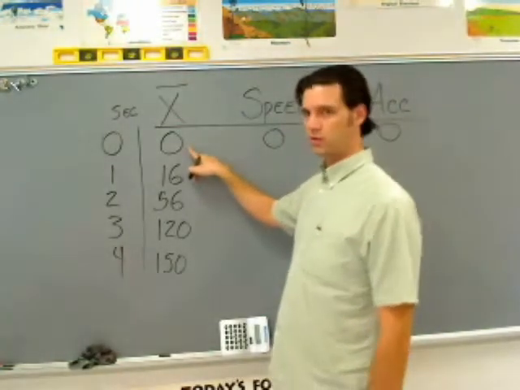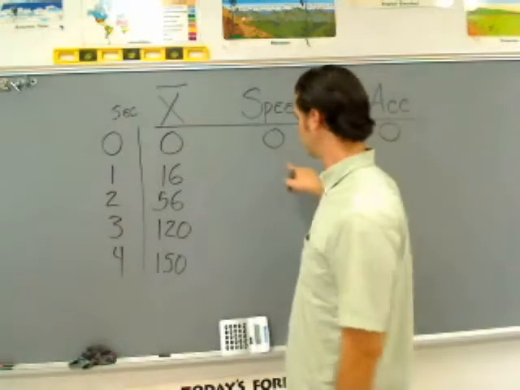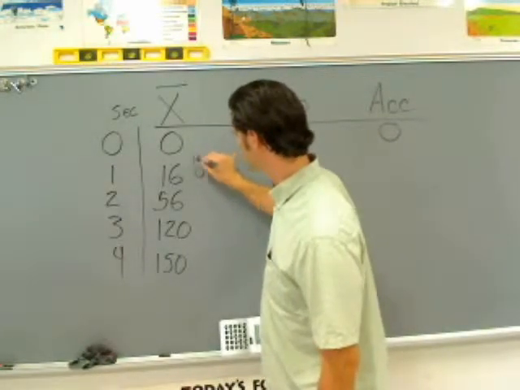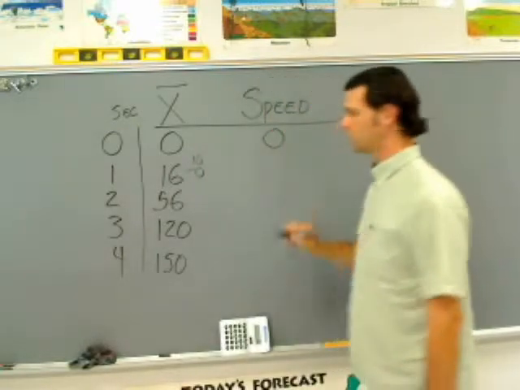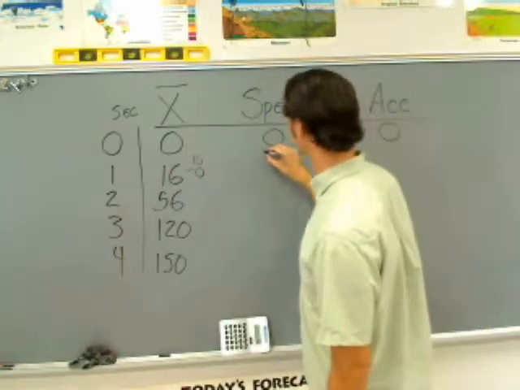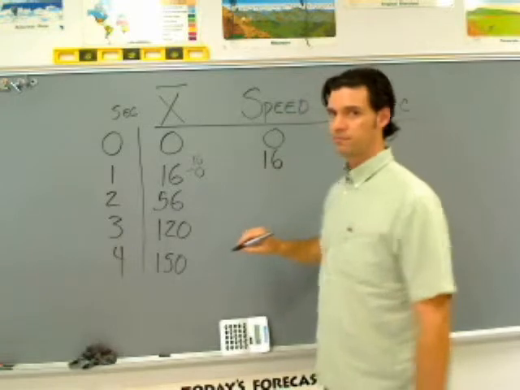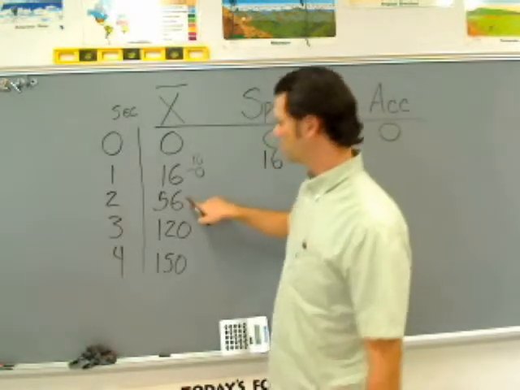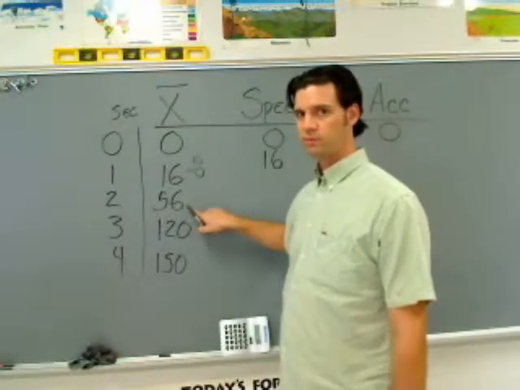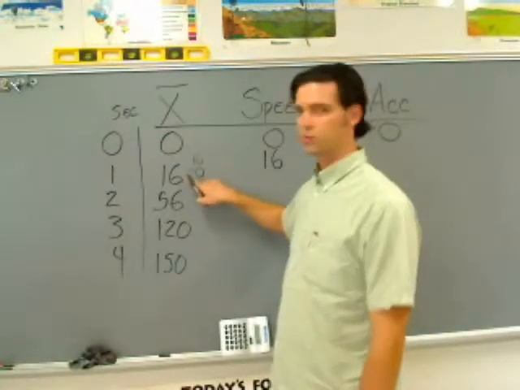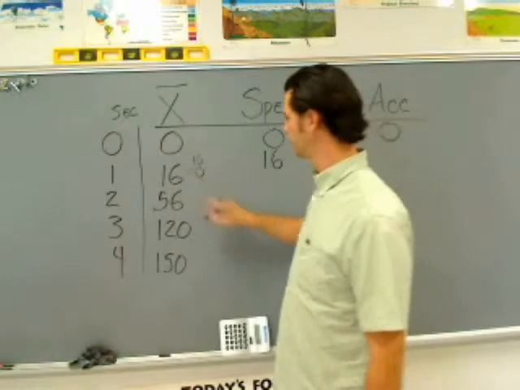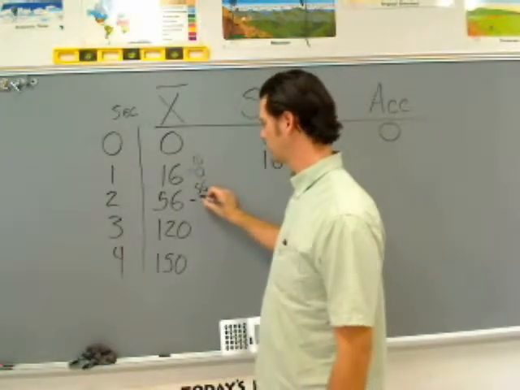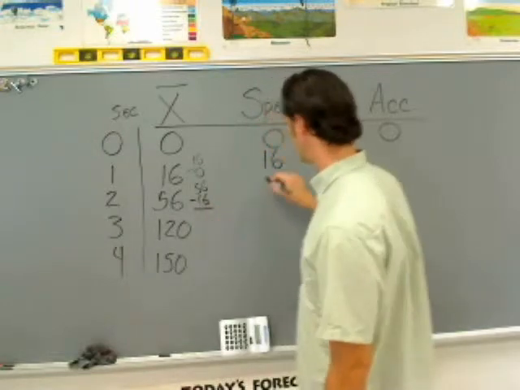We subtract the original from the ending, and that will give us our speed. So we subtract 0 from 16, and that gives us our speed. Pretty easy, right? 16. We do that for all the other instances here. So we take our final distance and subtract our original distance. So 56, we subtract our original 16, that will give us 40.